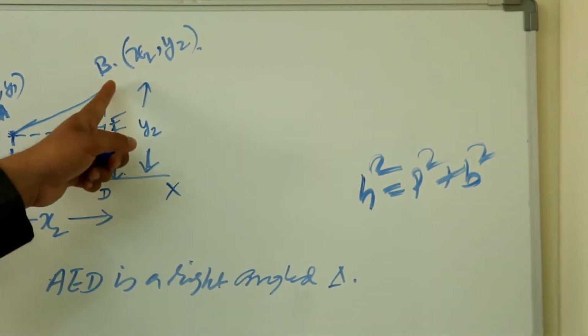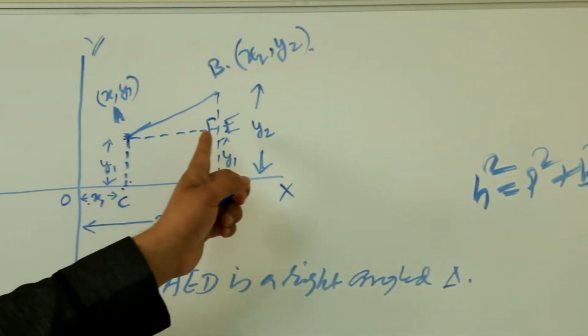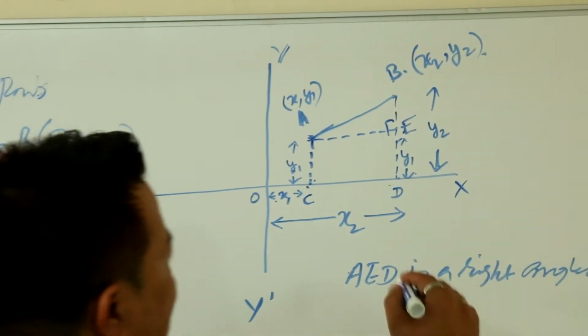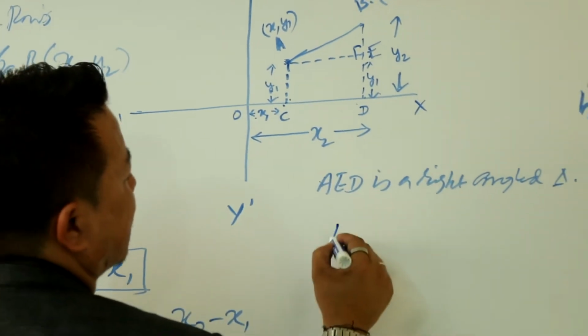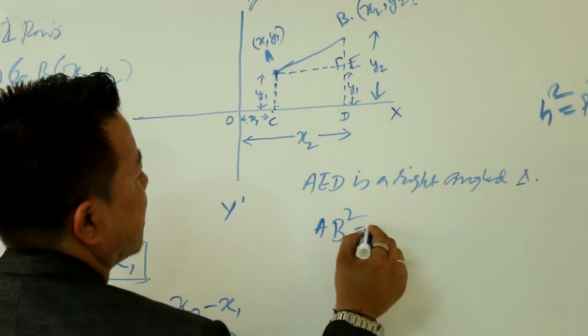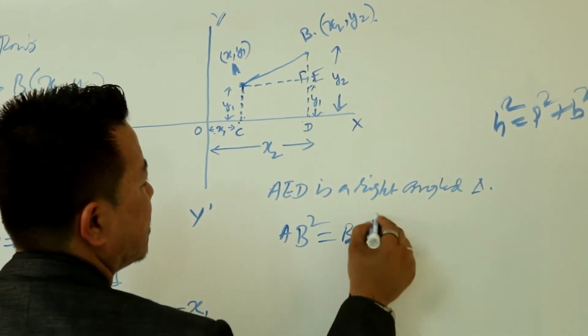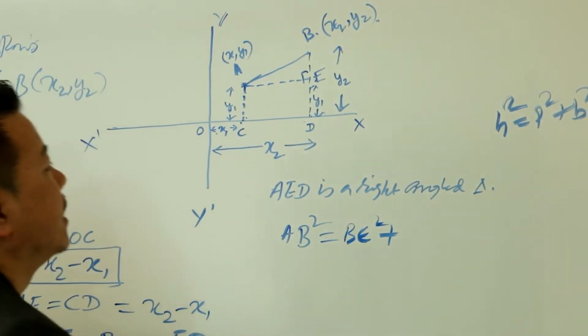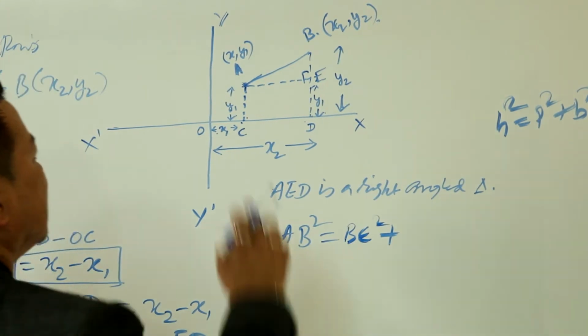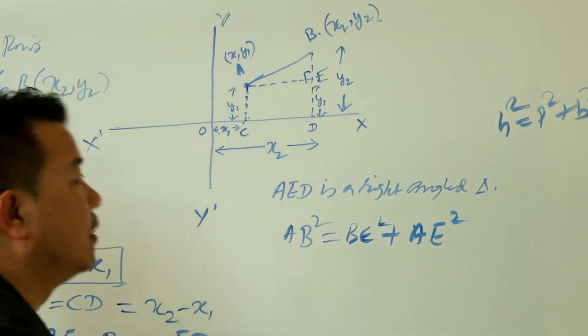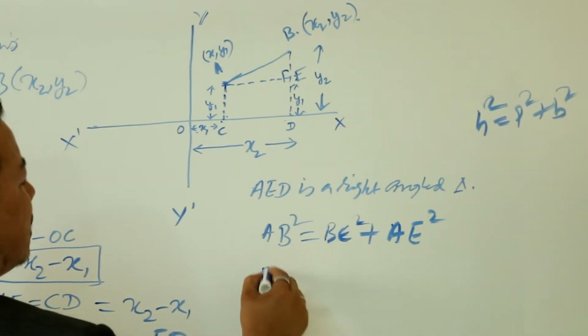AB. The perpendicular is BE and the base is AE. So how do you apply it? AB square is equal to BE square plus AE square.